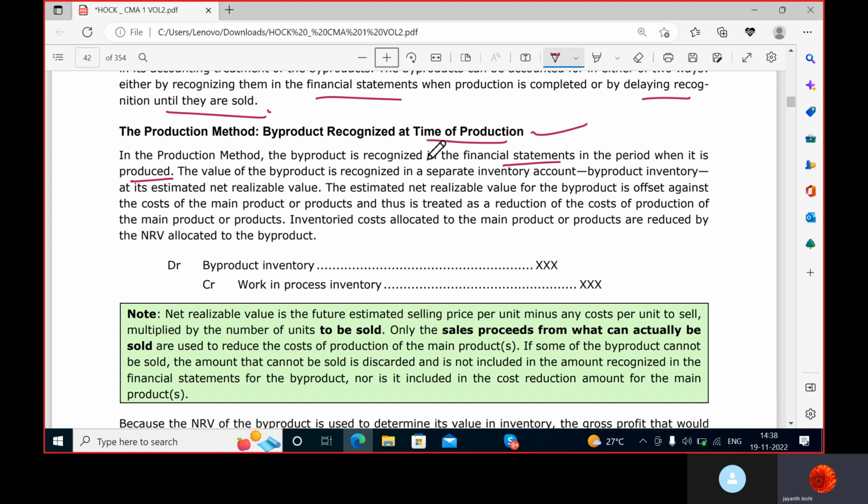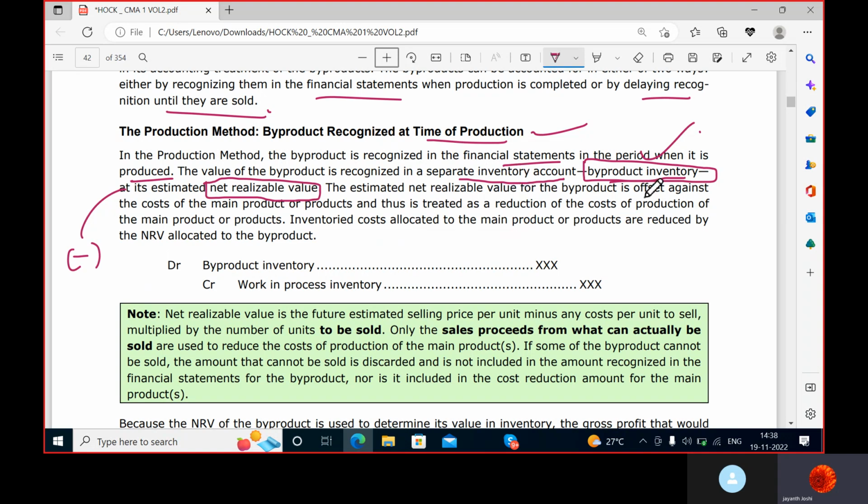The value of the byproduct is recognized in a separate inventory count, byproduct inventory, at its estimated net realizable value. Net realizable value means the value if you are selling it, net of whatever cost you are incurring to sell it. So you have to show that at the NRV.